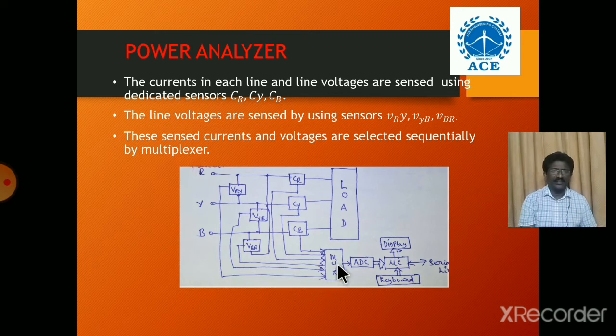So observe here, this is the multiplexer. The output of the multiplexer is converted into digital form and provided to the microcontroller and a display. So with the help of a keyboard you can control the microcontroller. So finally you will get some series line voltage.